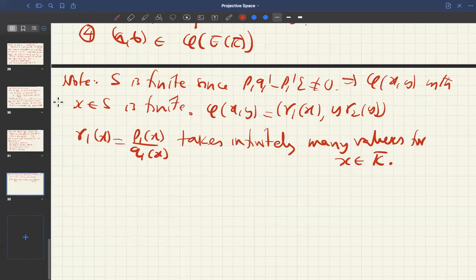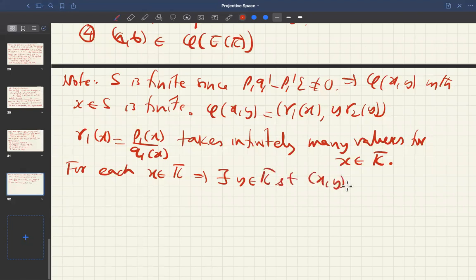Now for x in k bar, there exists y in k bar such that xy is in ek bar, right?